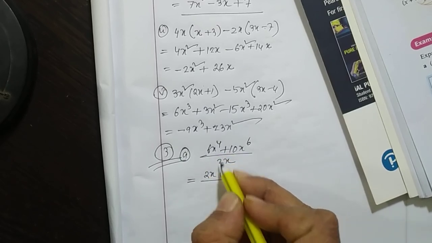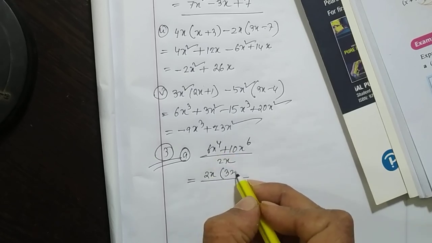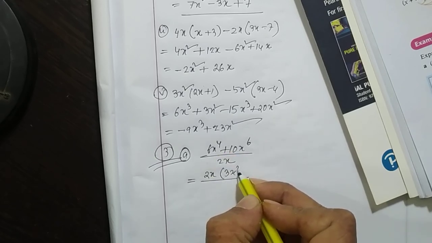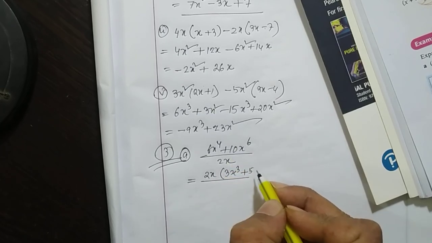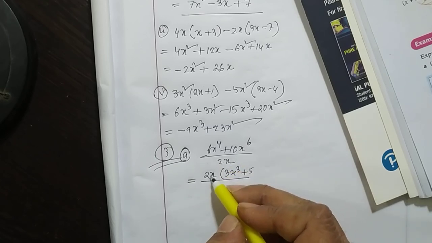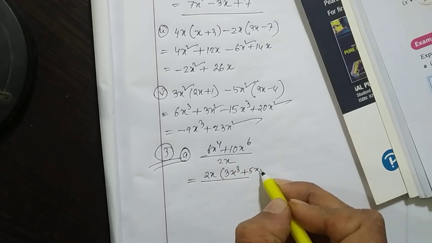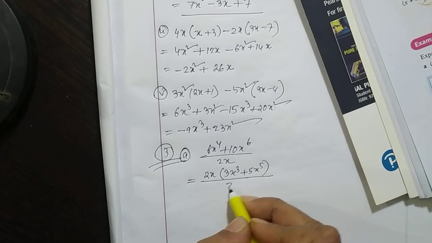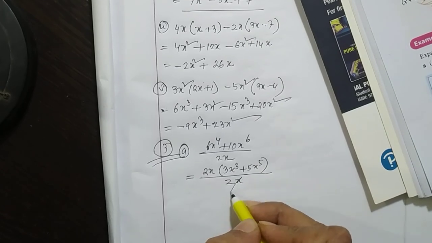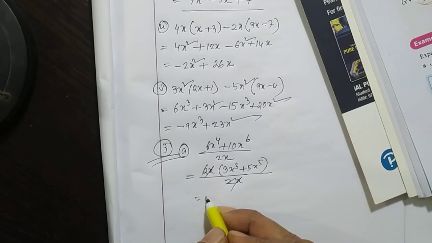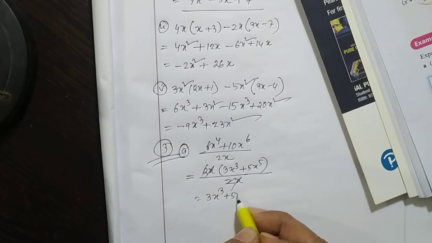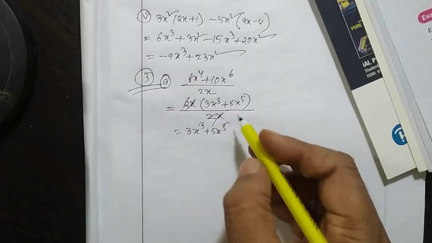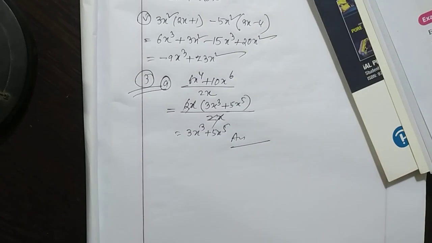So 2x, so 3x cube divided by x, that is 3x, not x to the power 4 divided by x, that is x to the power 3, and 10 divided by 2, that is 5, and x to the power 6 divided by x, x to the power 5. And in the numerator you have another 2x. So 2x cut. The simplified form is 3x to the power of 3, 5x to the power of 5. So that is your simplified form of the answer.